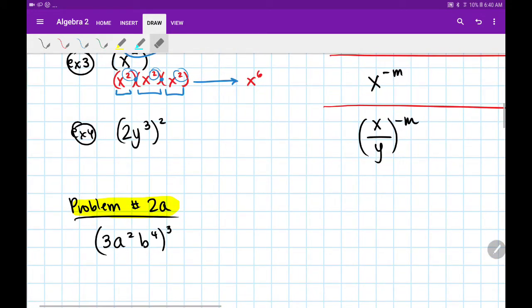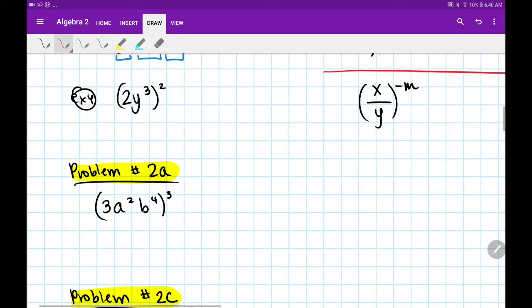So let's look at this example. Here I have 2 to the 1 power and y to the 3rd power. And we know that we won't be adding, but multiplying, because we're taking 2y cubed, which is basically 4y to the 6th power.